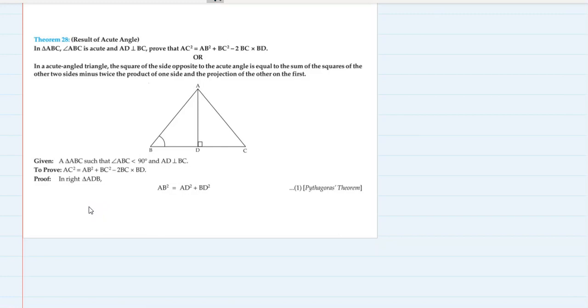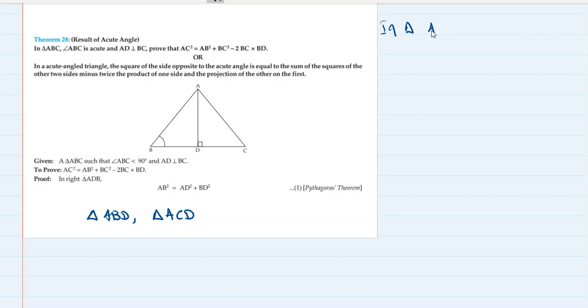You cannot simplify this in any way, so you need to first find out how many right angle triangles you see. I see triangle ABD and triangle ACD. Any other right angle triangle? No, nothing. So in both the triangles, apply Pythagoras theorem.